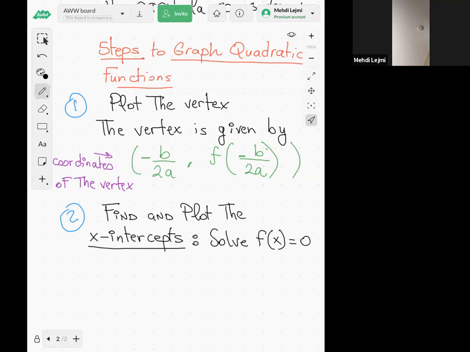Again, the x-intercept is the intersection of the graph with the x-axis. Okay. The next step would be to find the y-intercept.